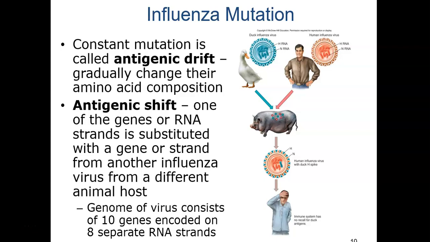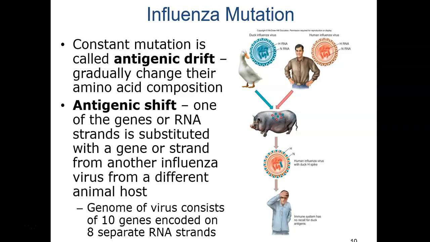Antigenic shift, on the other hand, is the much more severe one. This is oftentimes where you get two different flu viruses, maybe one from a duck and one from a human, that happen to infect the same animal at the same time. When this happens, there's a genetic exchange between those segmented viruses.